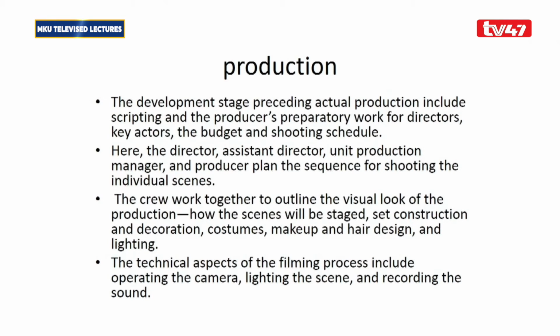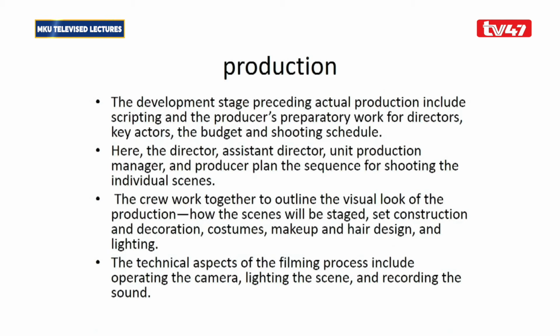Now on the production stage, this is where you actually do the filming or the shooting. But before you start to shoot, you must make sure that everything is in order so that when you start shooting, everything will flow smoothly.